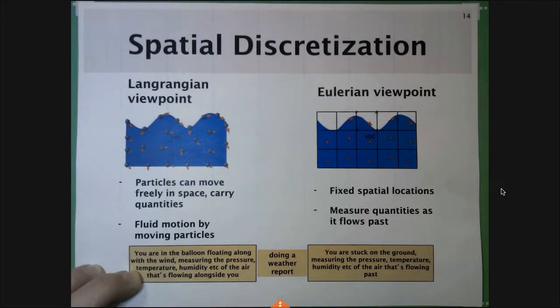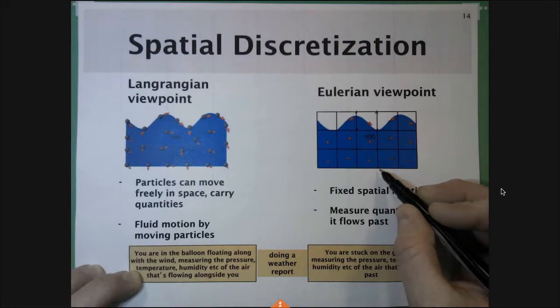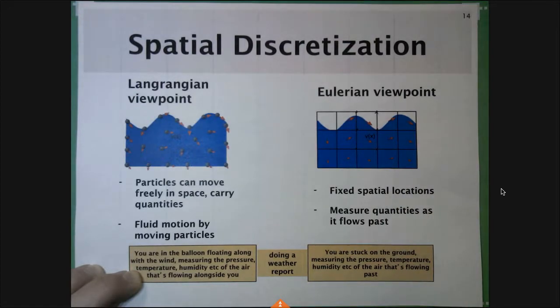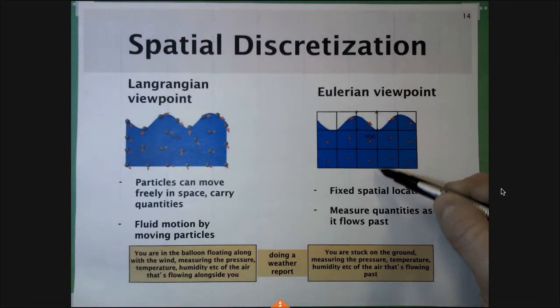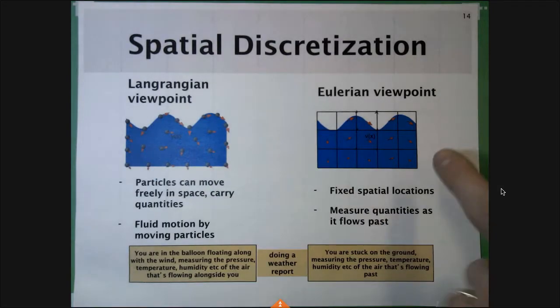If you remember what I was saying on Monday, if we have a temperature profile on a 1D country and there is a wind blowing from left to right, then if you are at a fixed location in space, the temperature can be changing even if every single molecule is keeping its temperature. That's just because the hot air is being replaced by cool air, for example, or the other way around. So that's why in the Eulerian viewpoint, the changes or derivatives of the quantities are a little bit different than in the Lagrangian viewpoint. The difference is really just the advection.